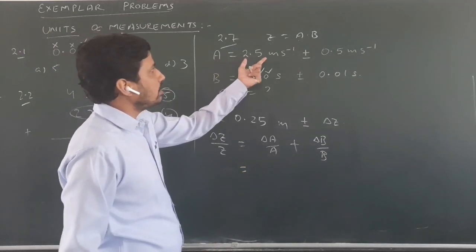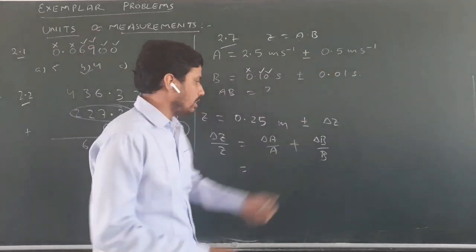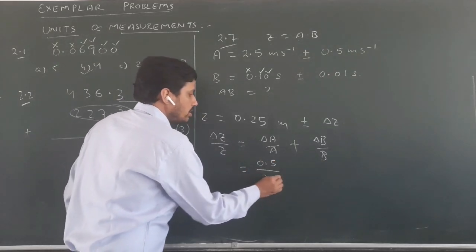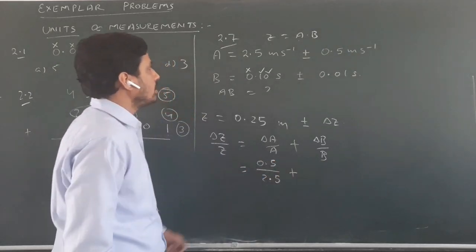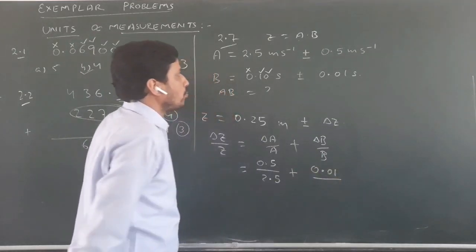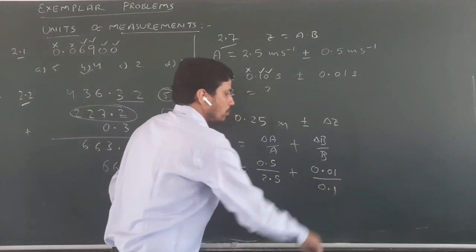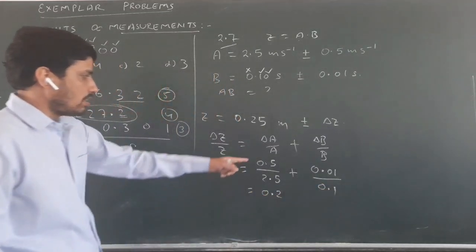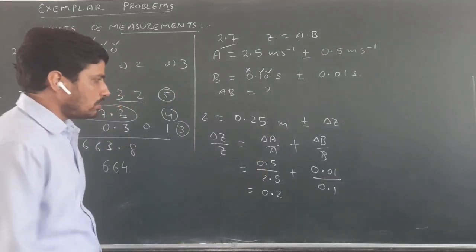For A, you see, this is the value of A, this is the value of delta A. So 0.5 by 2.5 plus delta B by B. So delta B is 0.01, this is 0.1. So this becomes 0.2, I think. This is 1 by 5, 0.2 plus.